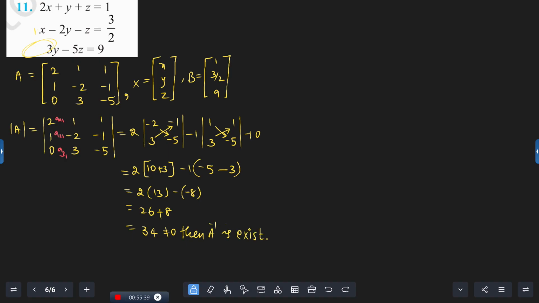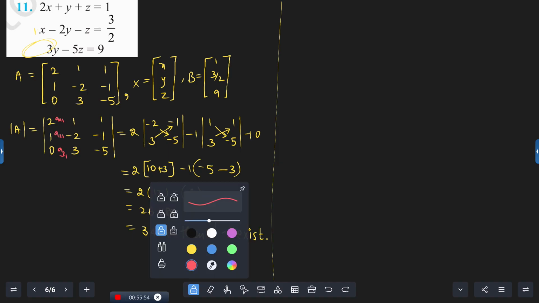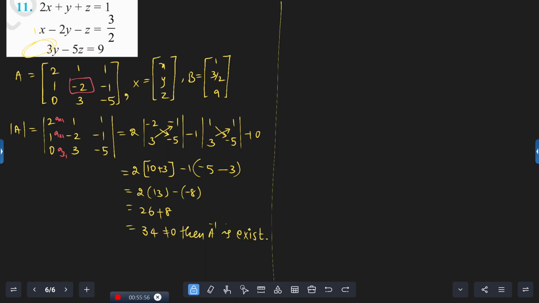A inverse exists. So next we have to find the adjoint of A. The adjoint is 3 by 3. So for finding the adjoint of A, let me write a 4 by 4 matrix first. I have to start from the middle of the matrix, that is minus 2. So you start here with minus 2. Next number, minus 1, then 1, order wise you have to go.